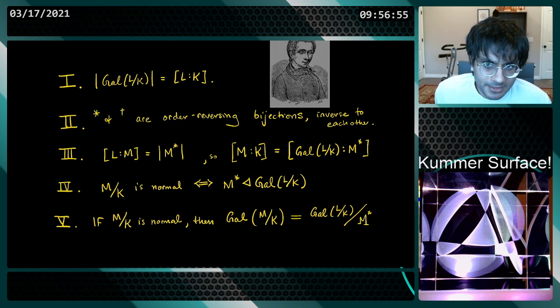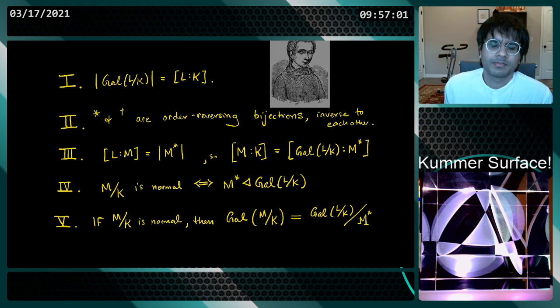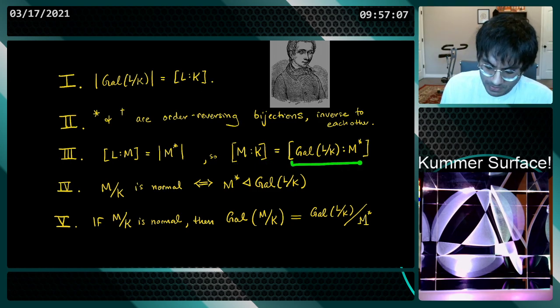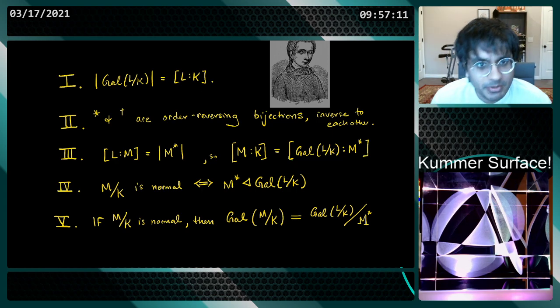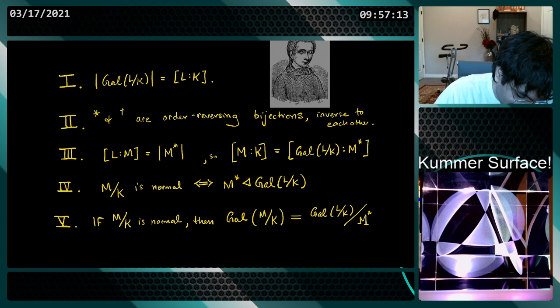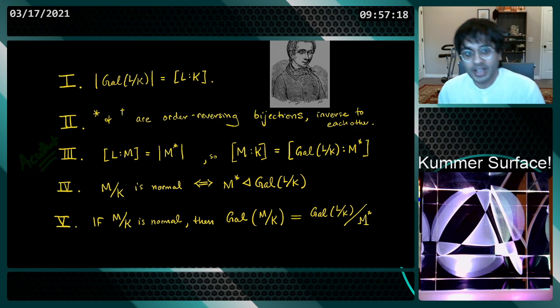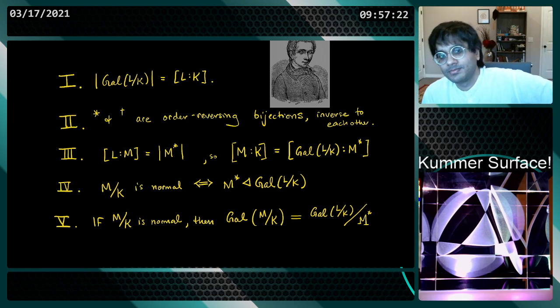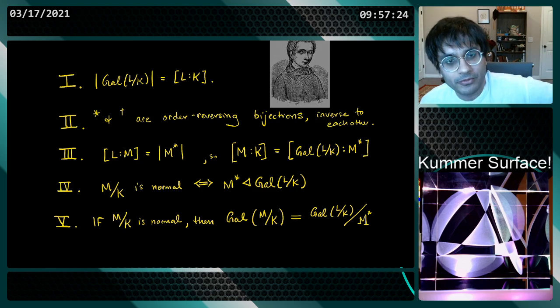How far is an intermediate field from the large field? It's how big is the fixing group? And therefore, by Tower law on the field side and group theory on the group side, you get this. So by accident, we got number 3 for free. We've already seen it. All right, let's take a look at number 4.